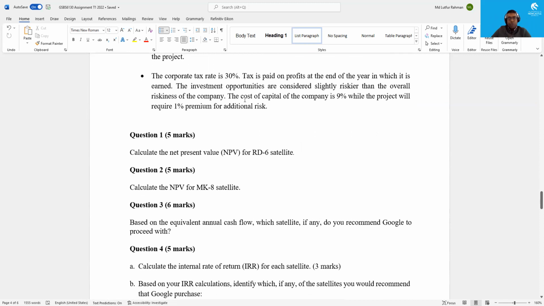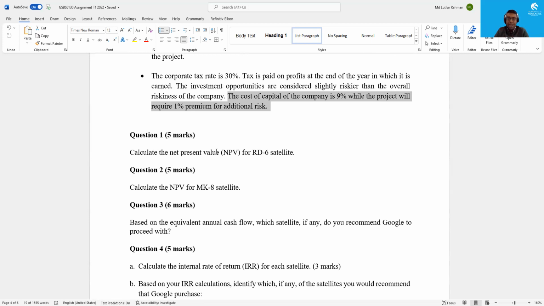Some of you are also confused about this last sentence. The cost of capital of the company is 9%, while the project will require a 1% premium for additional risk. Look, the cost of capital of the company is 9%. We discussed it several times that a project's riskiness can be different from the overall riskiness of the company.